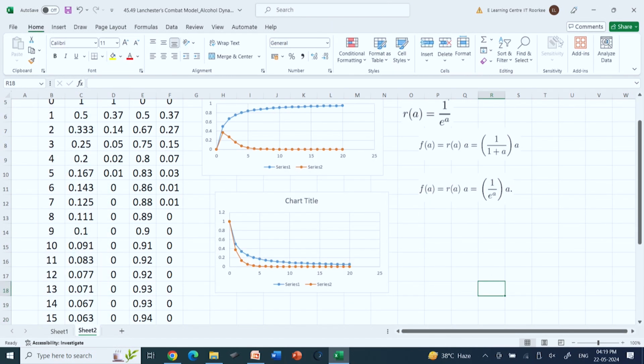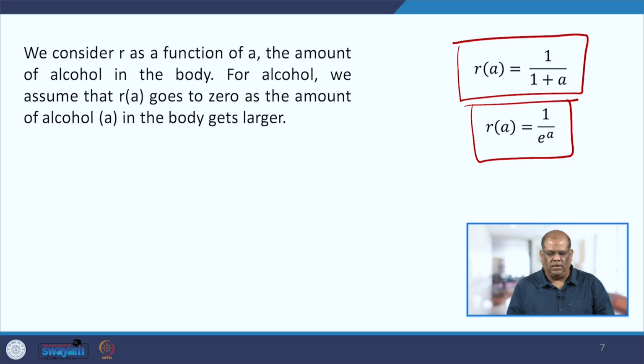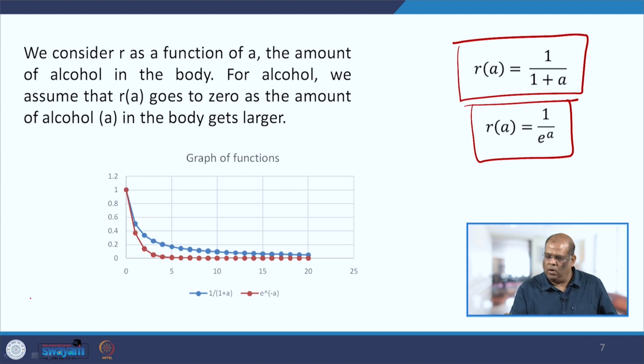Let me go back to the slides. As discussed, we take the function R A, that is the rate at which the alcohol is disposed from the body, as a rational function 1 by 1 plus A and an exponential function 1 by e to the power A. So, this is a rational function and this is an exponential function.